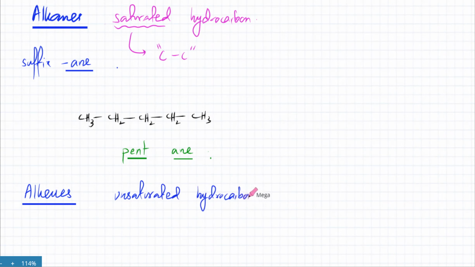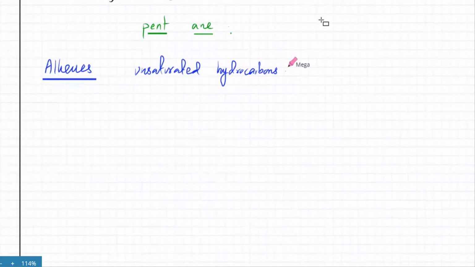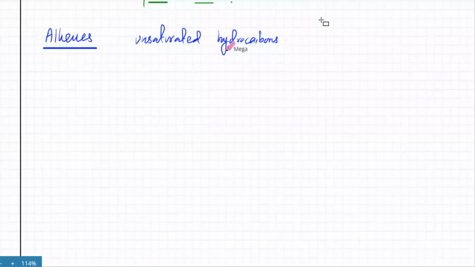Unsaturated means that there is going to be a double bond, a carbon-carbon double bond, in the molecule. That's what an alkene is.